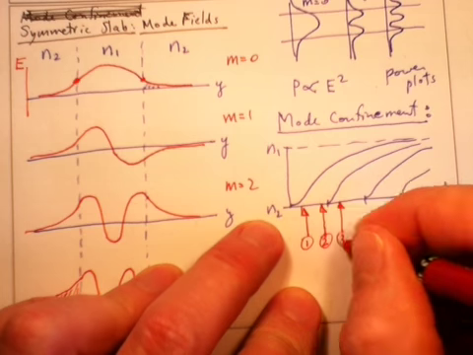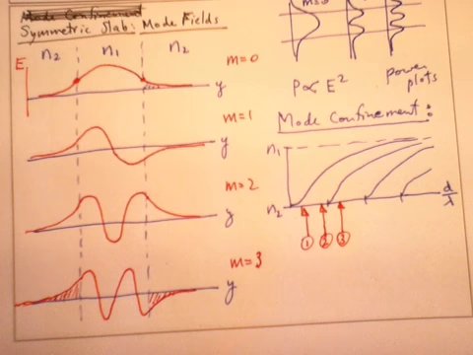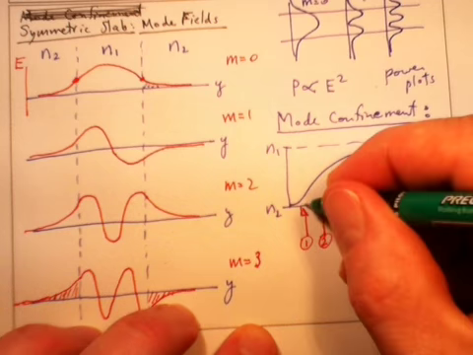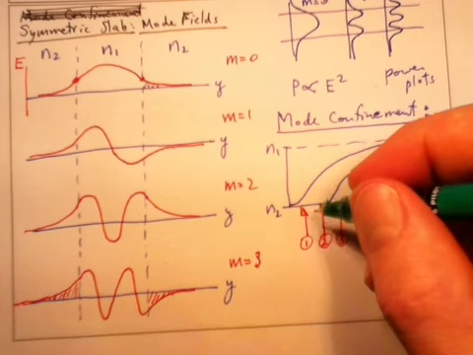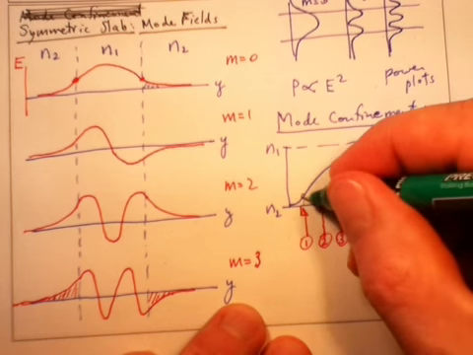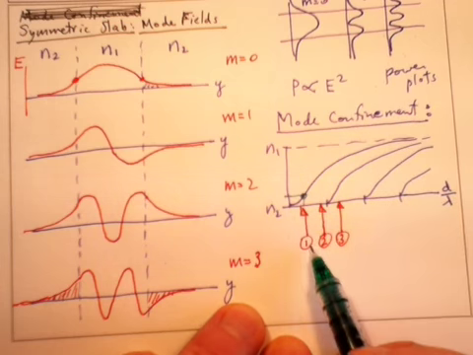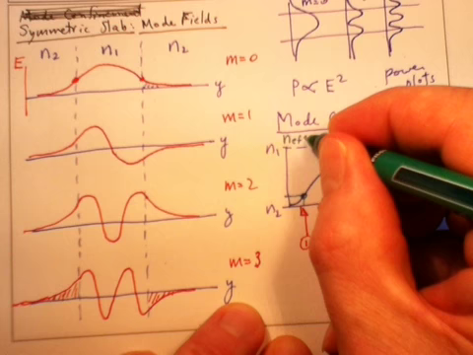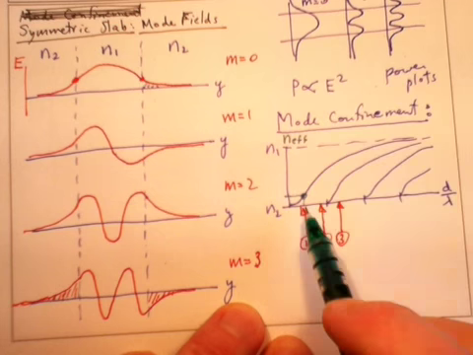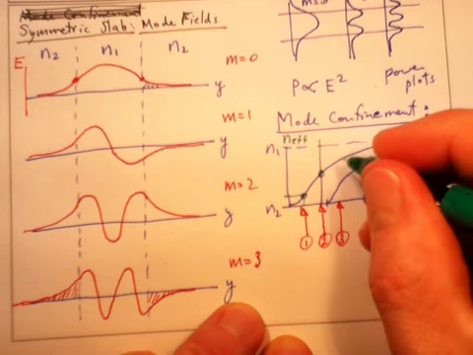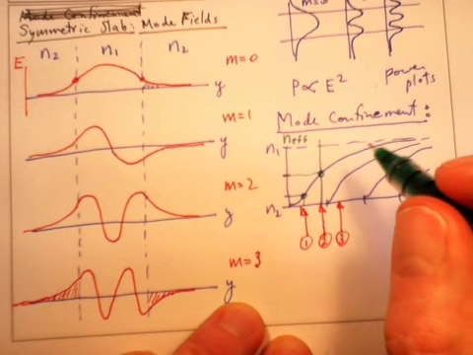In case number 1, we're going to have a mode with a relatively low effective index, but we're going to only have one mode. Okay? In case number 2, we're going to have, again, only one mode, but we're going to have a higher effective index. And in case 3, we're going to have 2 modes.